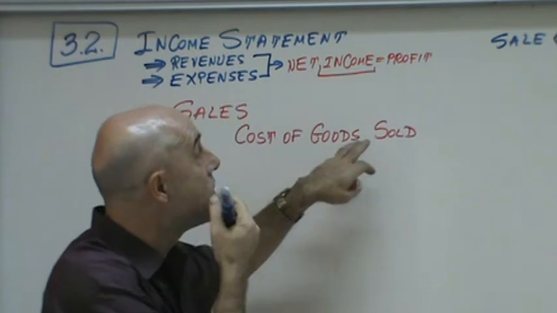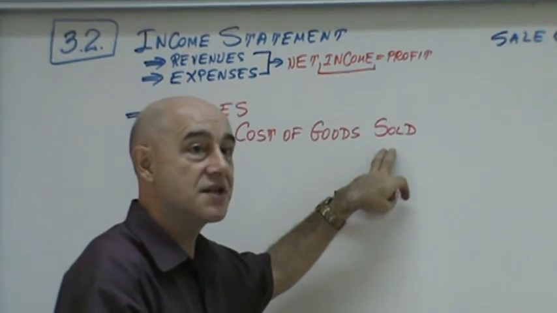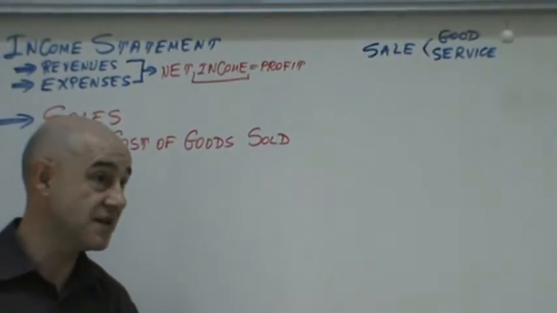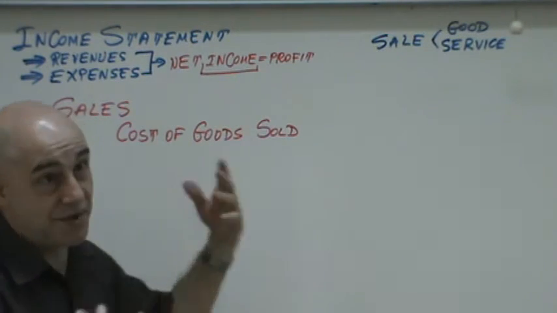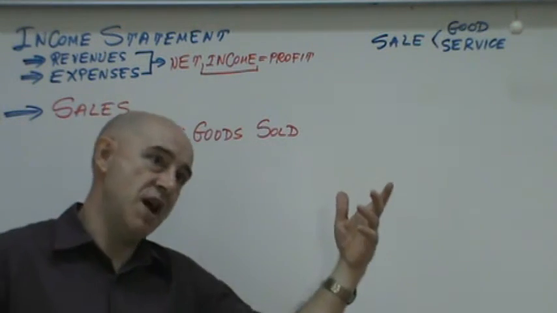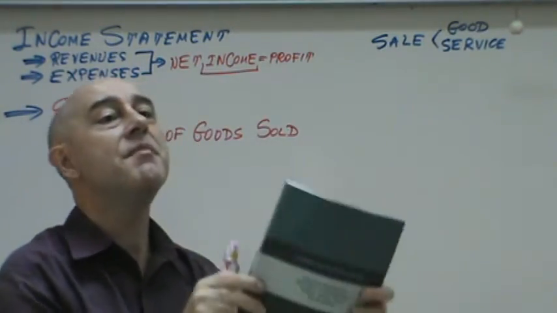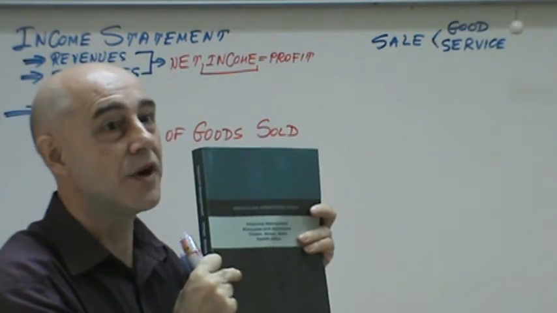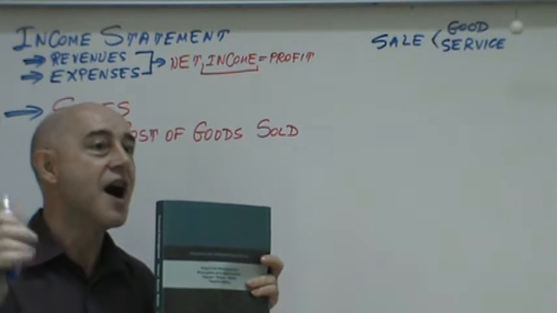With services, you don't even have a cost of goods sold, like this university. Yes, the university has a number of expenses, but pretty much not cost of goods sold. Maybe they sell you, maybe not, a textbook. And maybe they acquire the textbook at 18 and sell it at 20. Now, I'm not even saying that the university is trying to make a profit out of it.